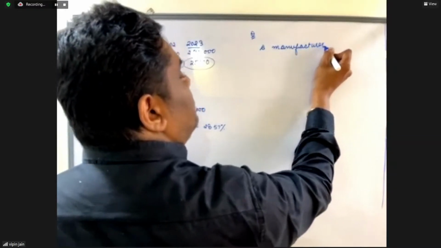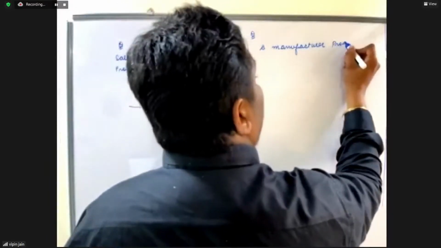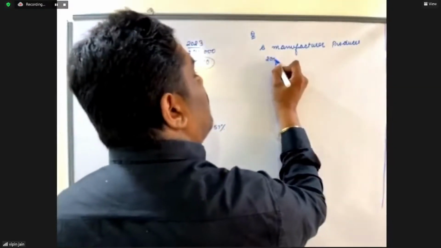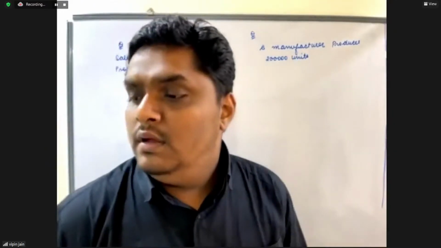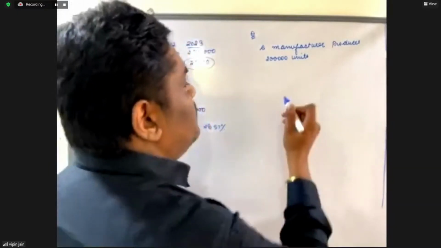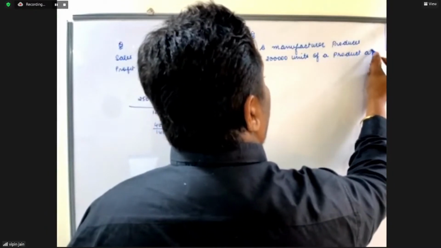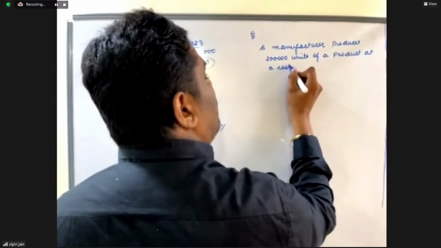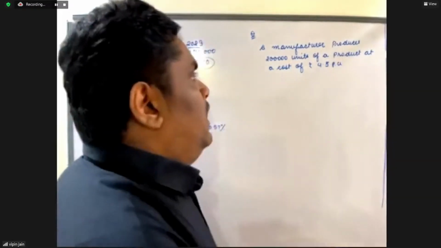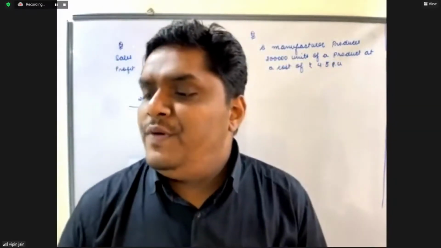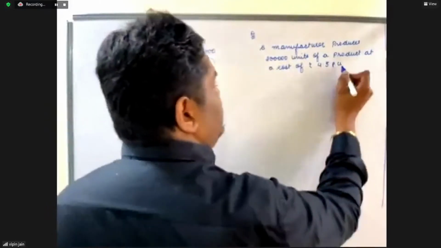A manufacturer produces 2 lakh units of a product at a cost of rupees 4.5 per unit.